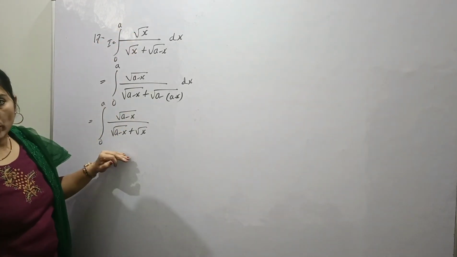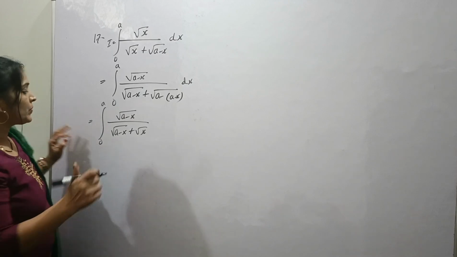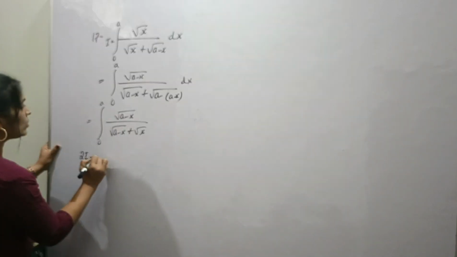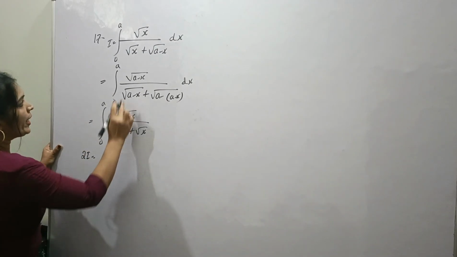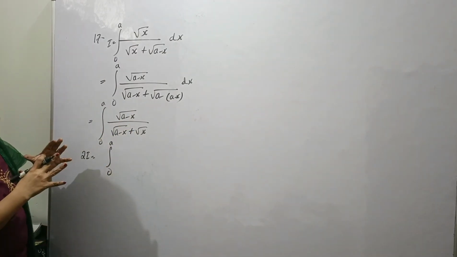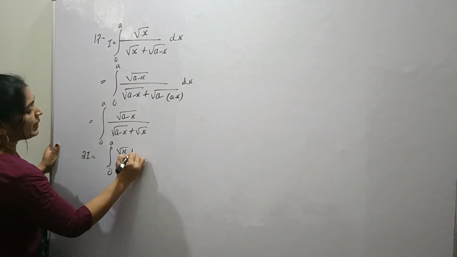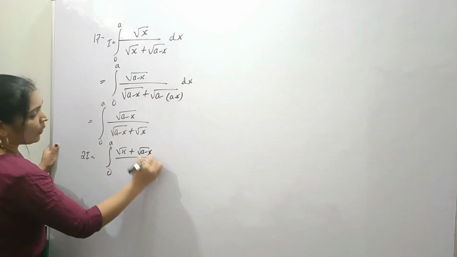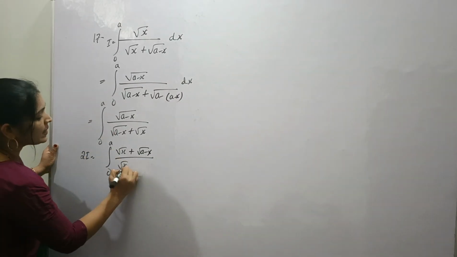We will add these two integrals, that is 2I. So 2I is equal to integral 0 to a, numerator root x plus root a minus x, and the denominators are the same, so we can add directly. The denominator is root x plus root a minus x, dx.